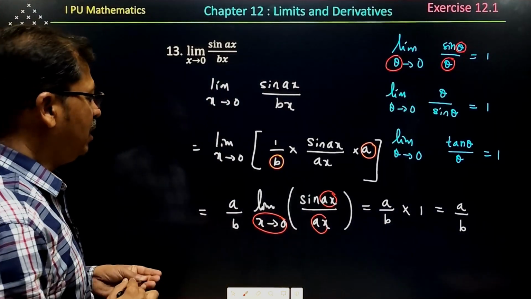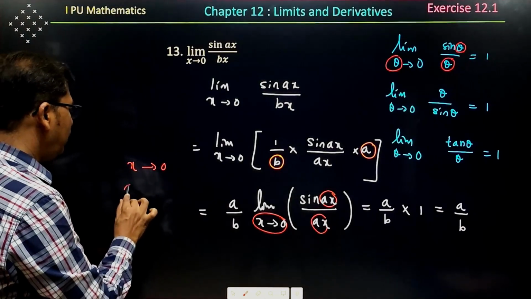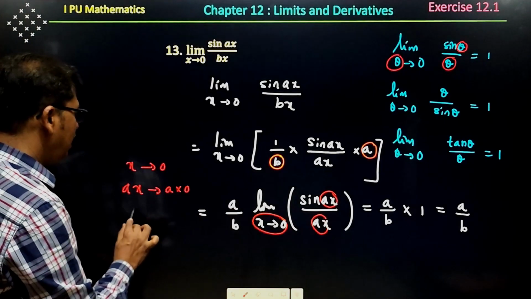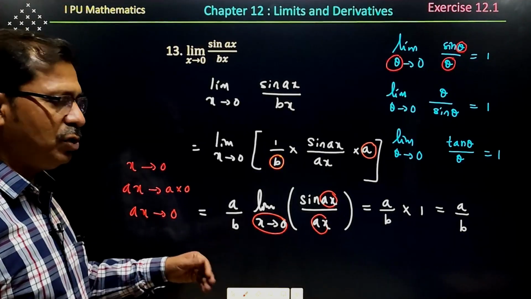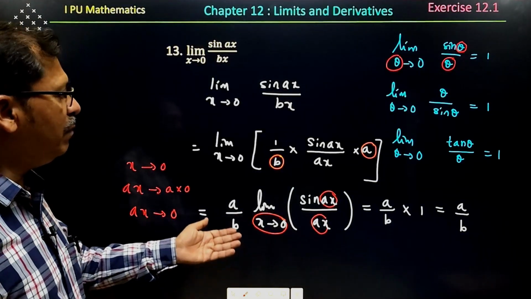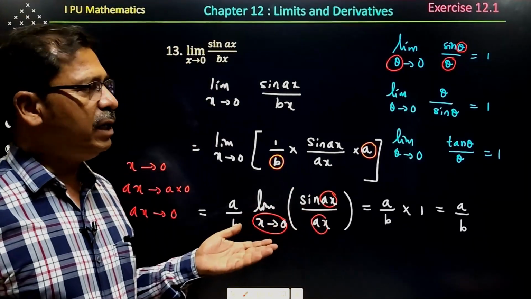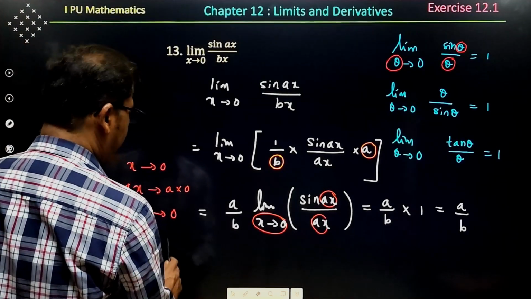X is tending to 0 means if you multiply by a, into x tends to a into 0. That means ax is tending to 0 now. So instead of x tends to 0, you can write ax tends to 0, no problem here. But no need to write it again. Just visualize in your mind and then apply the result. That's all. So this is the theme behind this here.